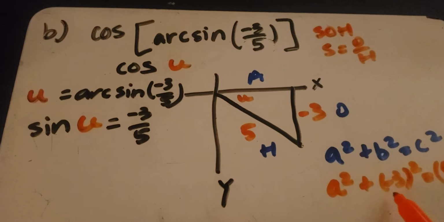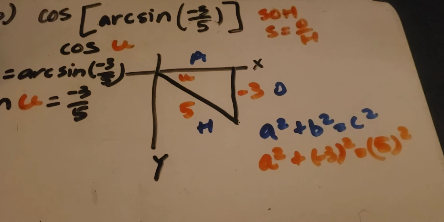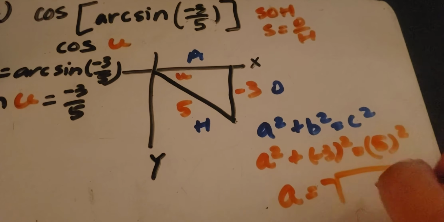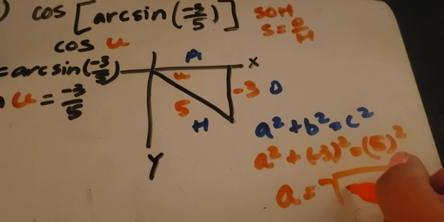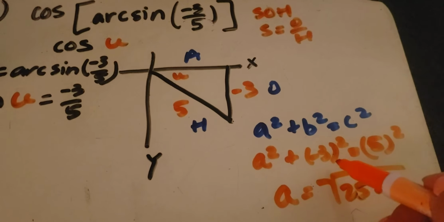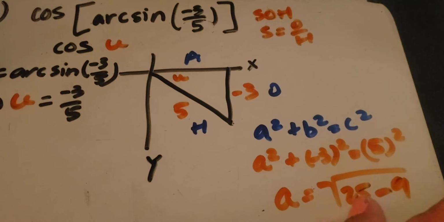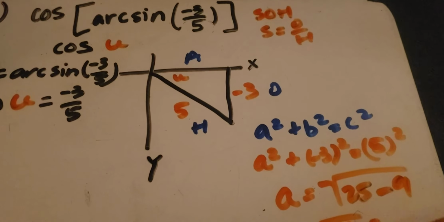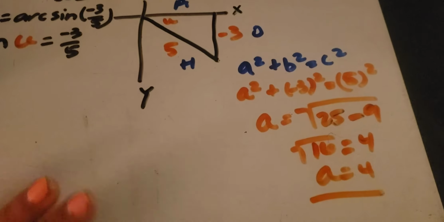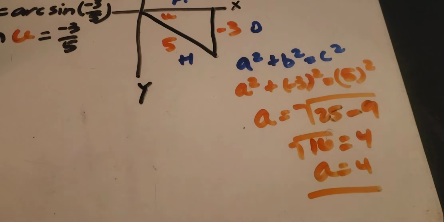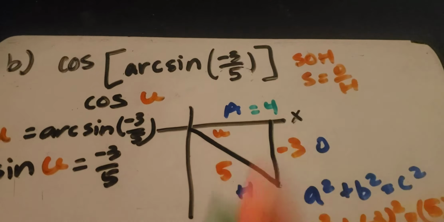You can connect the dots and work it out, but I'm going to go ahead and just solve it. a equals the square root of 5 squared, which is 25, minus 9. And 25 minus 9 is 16, and the square root of 16 is 4. So a equals 4, and that's our adjacent side. Now that we found our adjacent side, I can come up here and put it. This is 4.